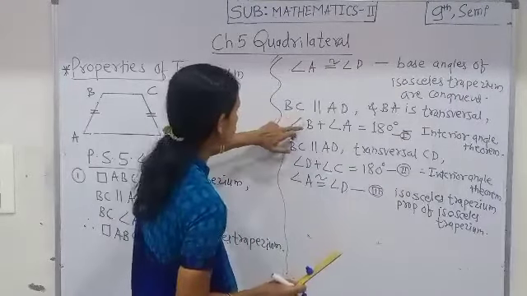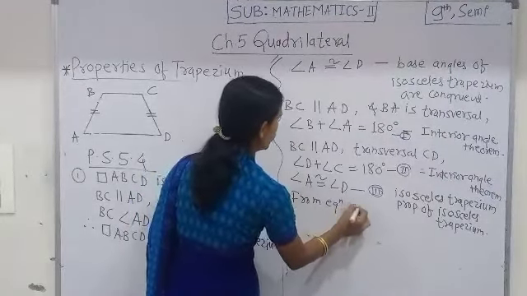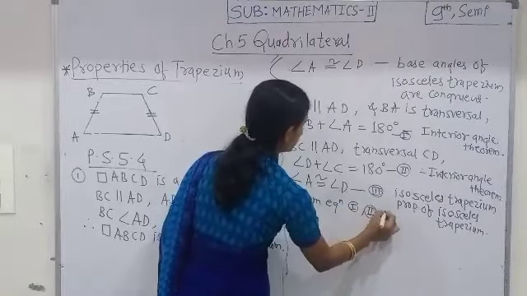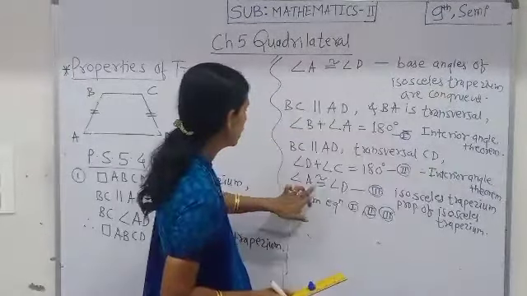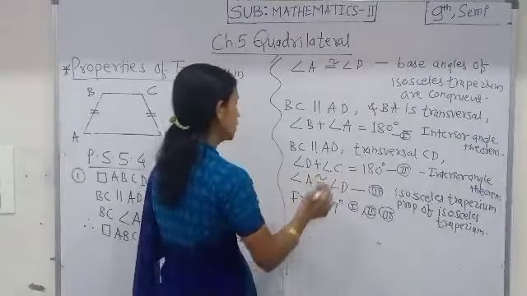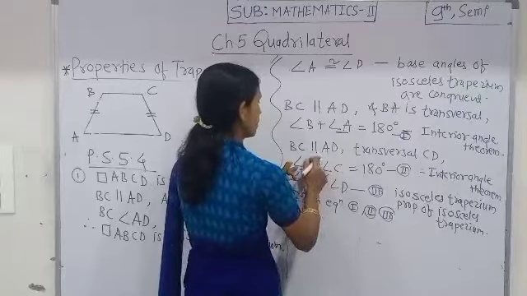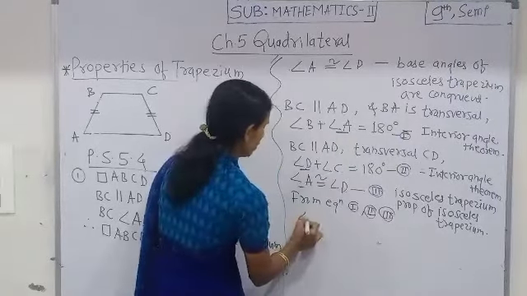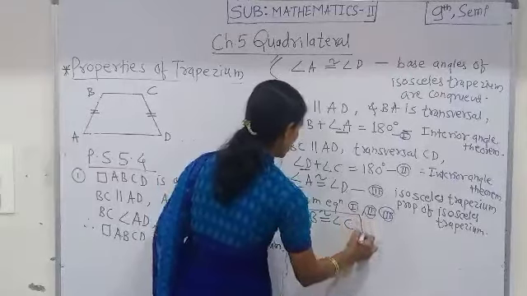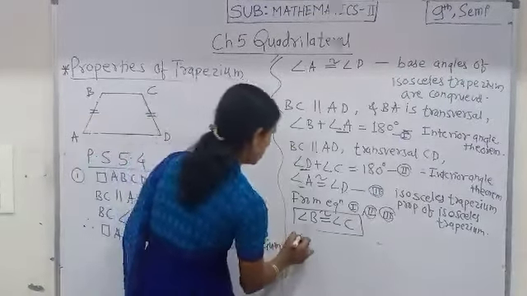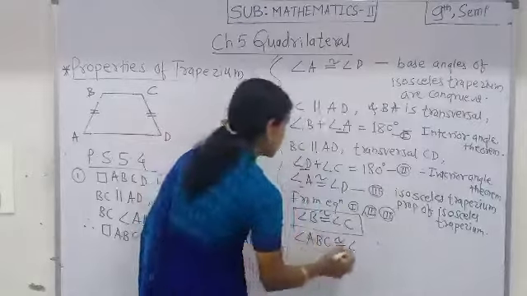Then see here, from equations 1, 2 and 3, angle B plus angle A is 180 degrees, angle D plus angle C is 180 degrees, but angle A and angle D are congruent, and therefore angle B is congruent to angle C. That is, angle ABC is congruent to angle DCB.